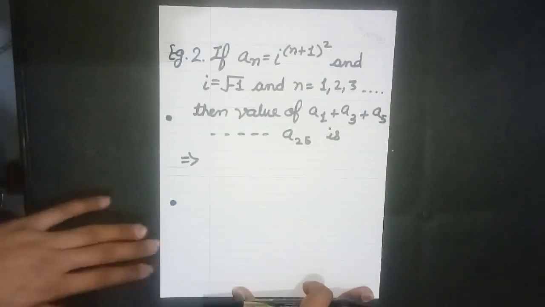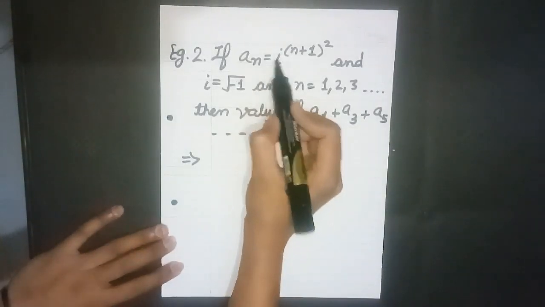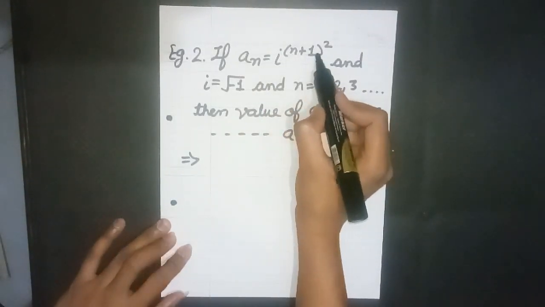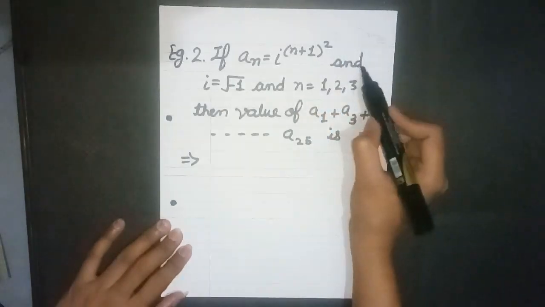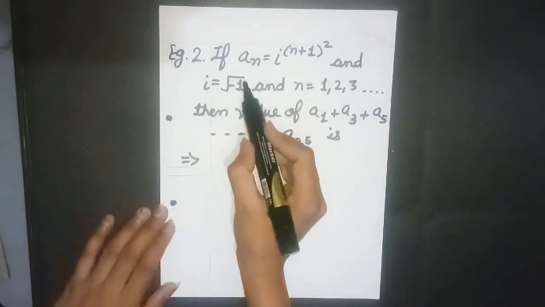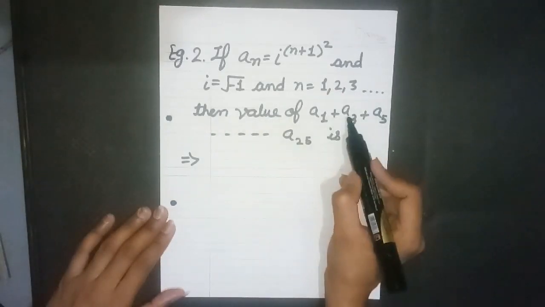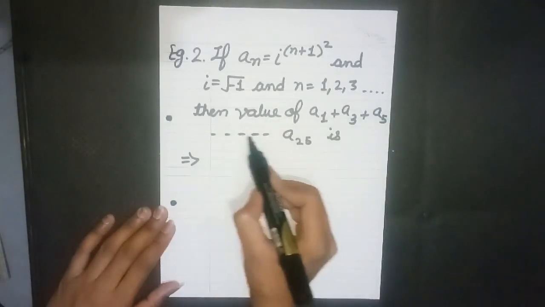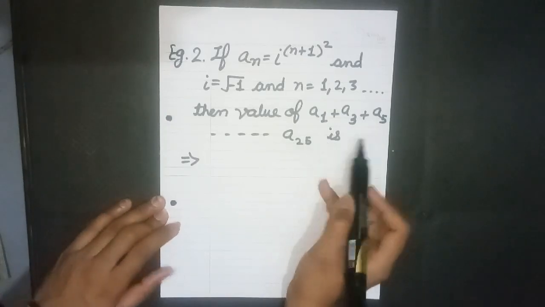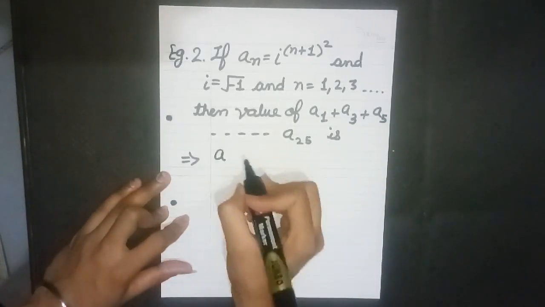Now let's take example 2. If a n is equal to iota raised to power n plus 1 whole square, and iota is equal to under root minus 1, and n is equal to 1, 2, 3 and so on, then the value of a1 plus a3 plus a5 up to a25 is? So let's solve.